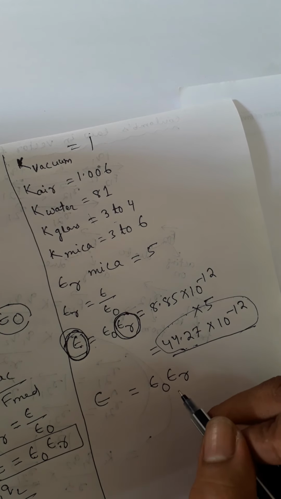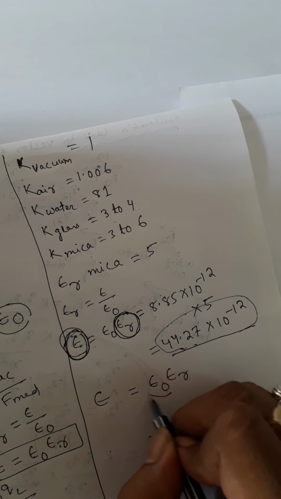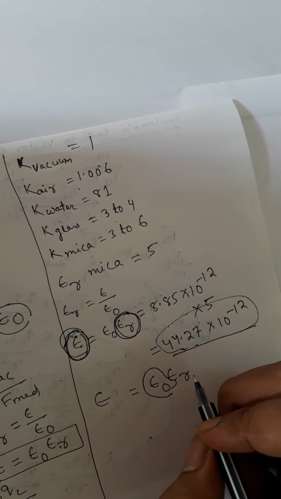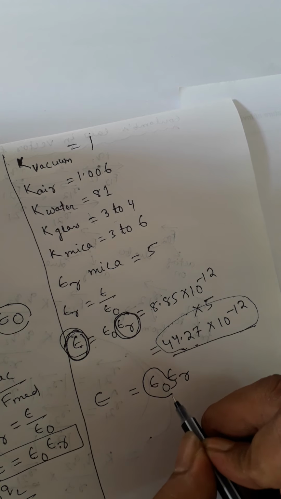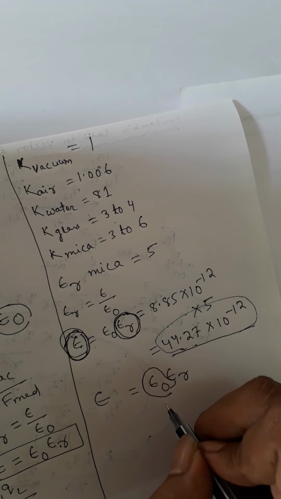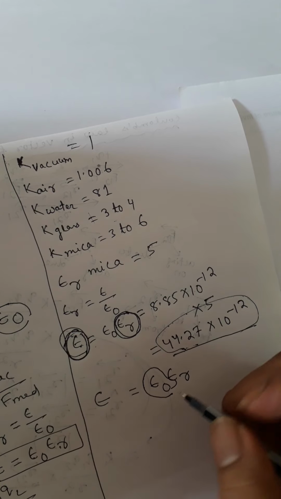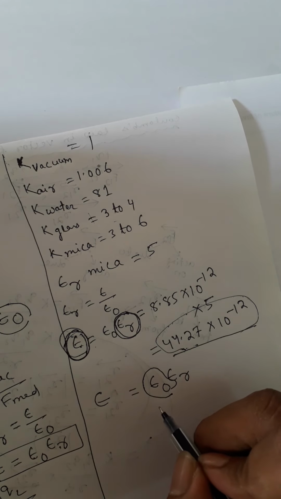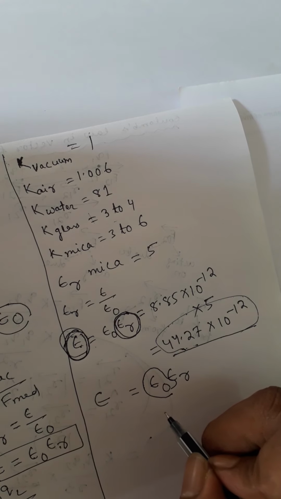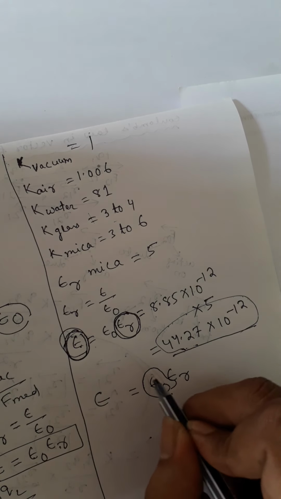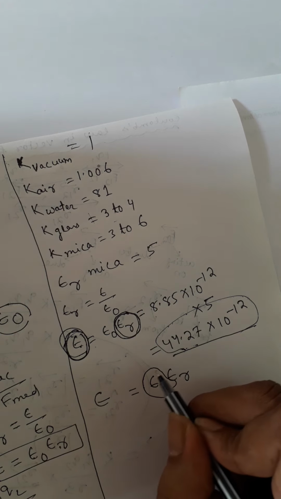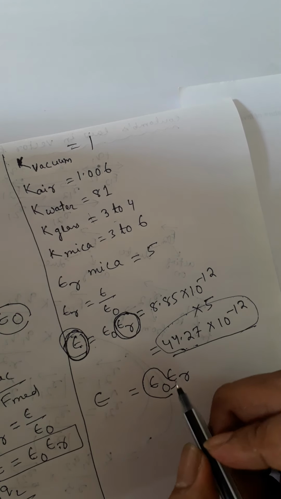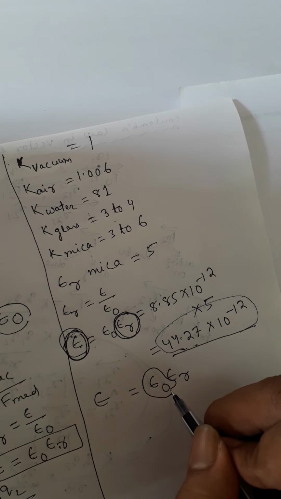So the relative permittivity of free space is taken as unity in the relative permittivity system. All the available media in nature have absolute permittivity always more than or equal to absolute permittivity of free space or vacuum. That's why we are taking the permittivity of vacuum or free space as unity.